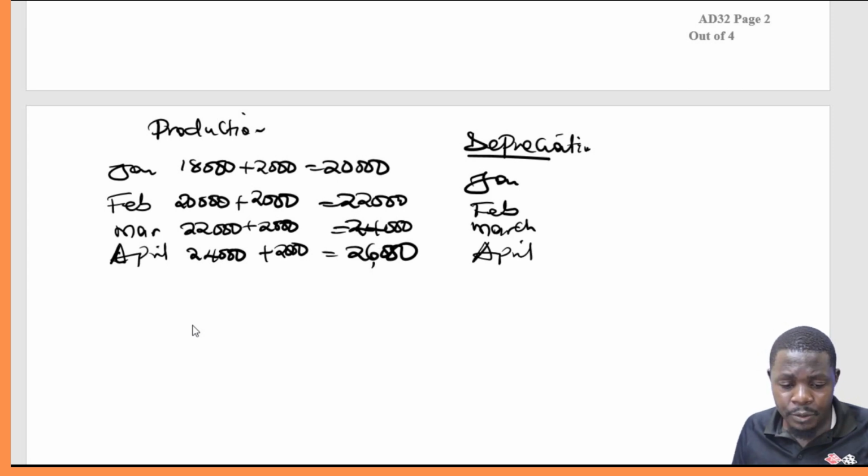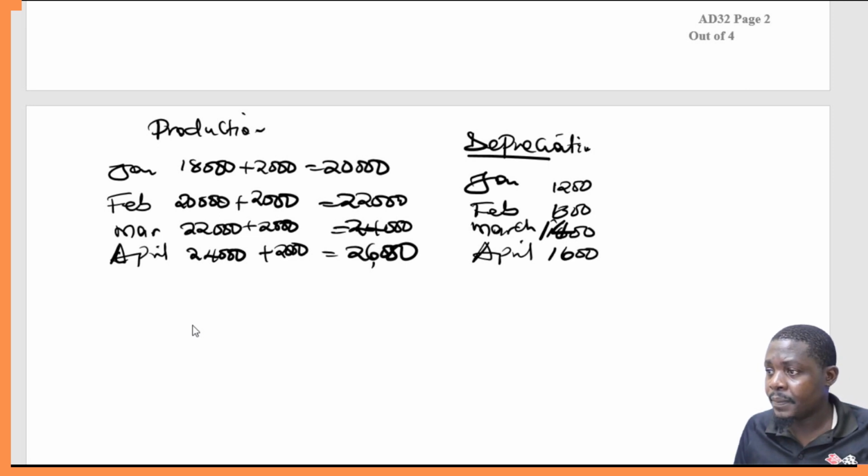Now we can pick the units that were sold. January had 12. Here we had 13. Then we had 14. Then April 16.